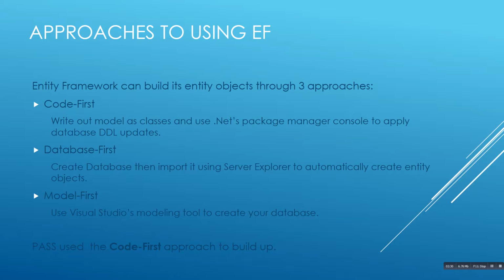Database first is pretty much creating the database and then importing it using Server Explorer to create the entity objects. And then model first is using Visual Studio's modeling tool to create your database. So we use code first in PASS.